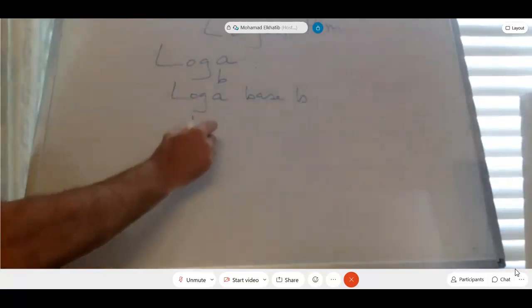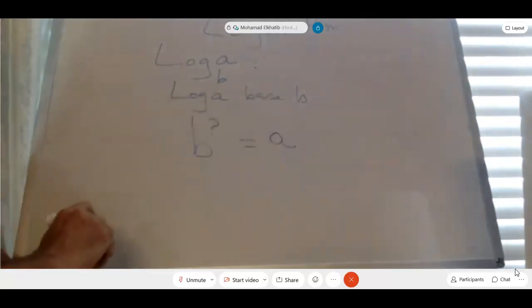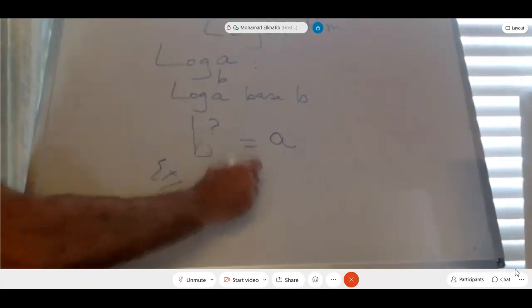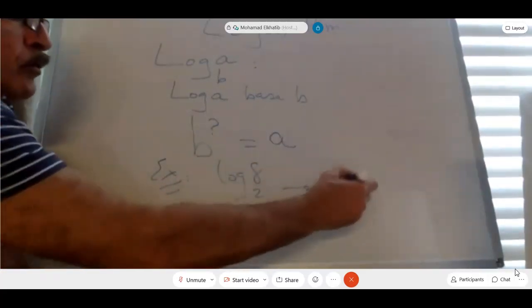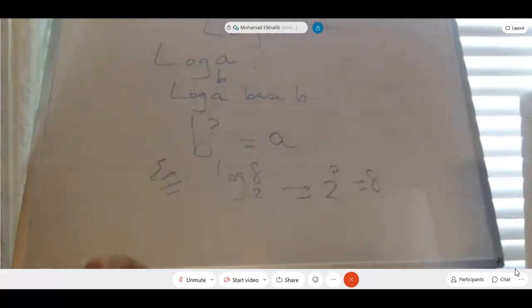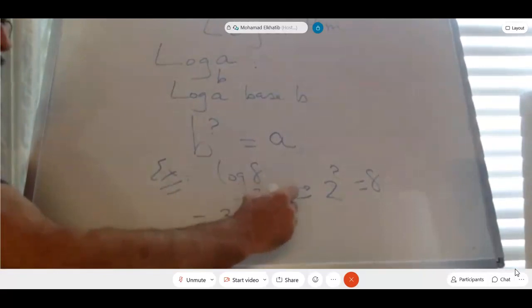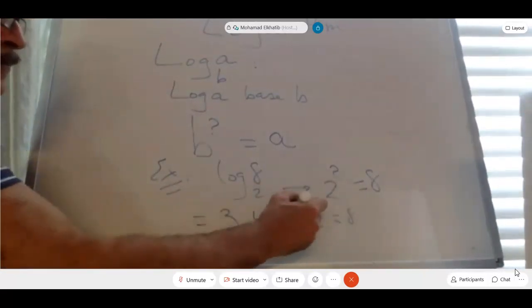It means B should be raised to what power so I can get the value of A. For example, let's say I want log 8 base 2. What does that mean? 2 should be raised to what power to give me 8? The answer is 3. Why? Because 2 to the power 3 gives me 8.